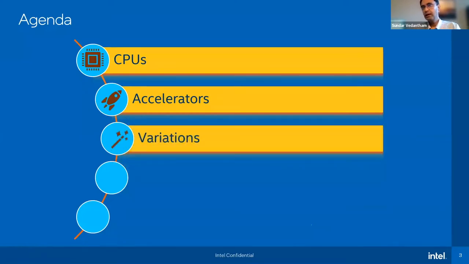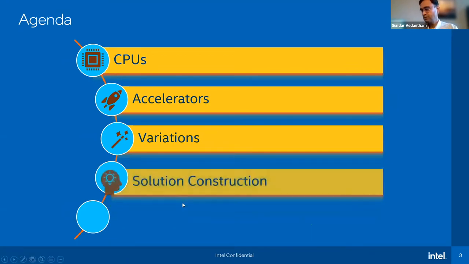And then if you are plugged into what is going on in the computing world today, it's not just CPUs and accelerators alone. There are so many different variations, right? We are not going to get into all the variations, but I wanted to mention how different types of computing, whether it is communication or data processing or websites or running different loads on the cloud, so many different types of computing elements are needed in today's world, right?